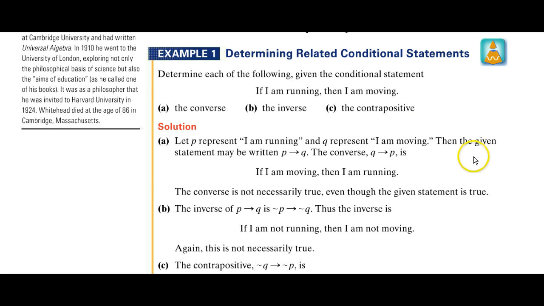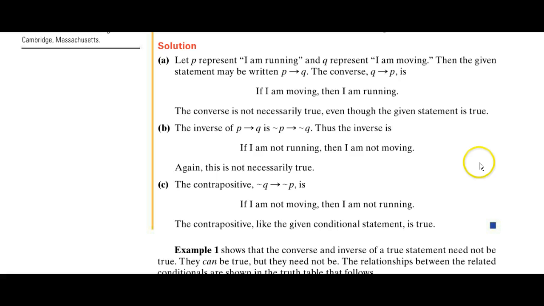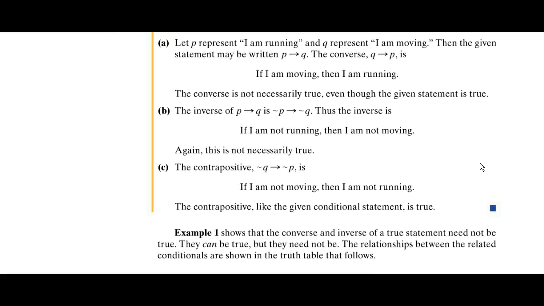And we see that the contrapositive, like the conditional statement, is true. And example 1, let's go over this, shows that the converse and the inverse of a true statement need not be true. They can be true, but they need not be.